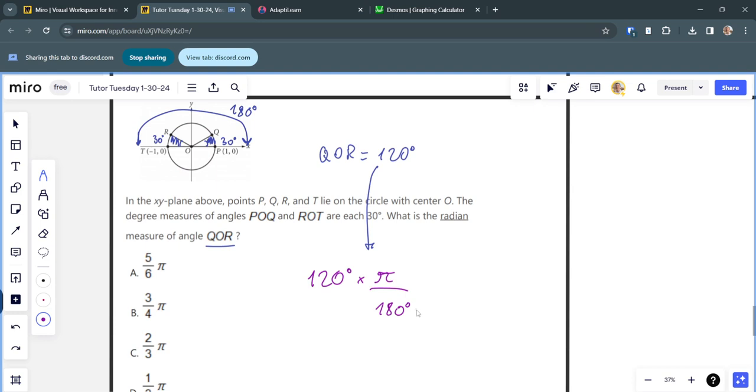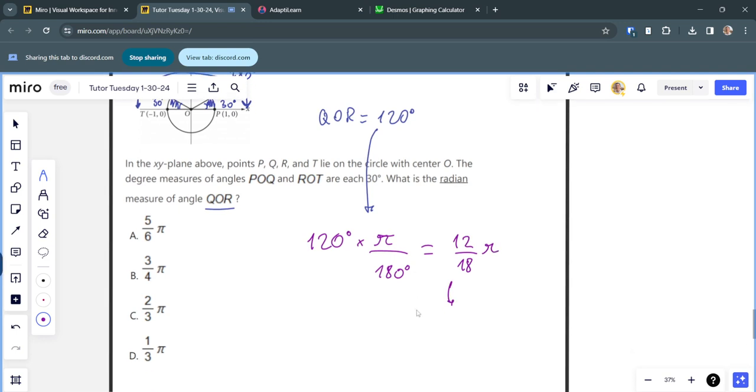So we can simplify that to pi over 180, and that cancels out the degrees. So that becomes 120 over 180 pi, which simplifies to 2/3 pi. It's going to be answer choice C. Yeah, we got that.